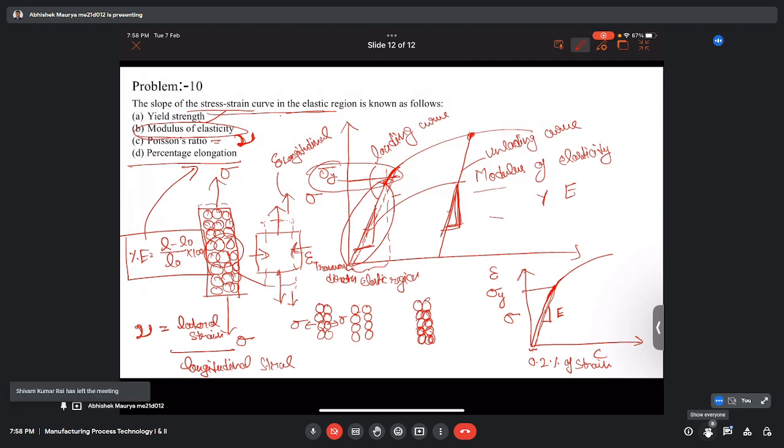That will add to your grades. And this type of question will help you to solve the assignment as well as your final examination. There you can score well.